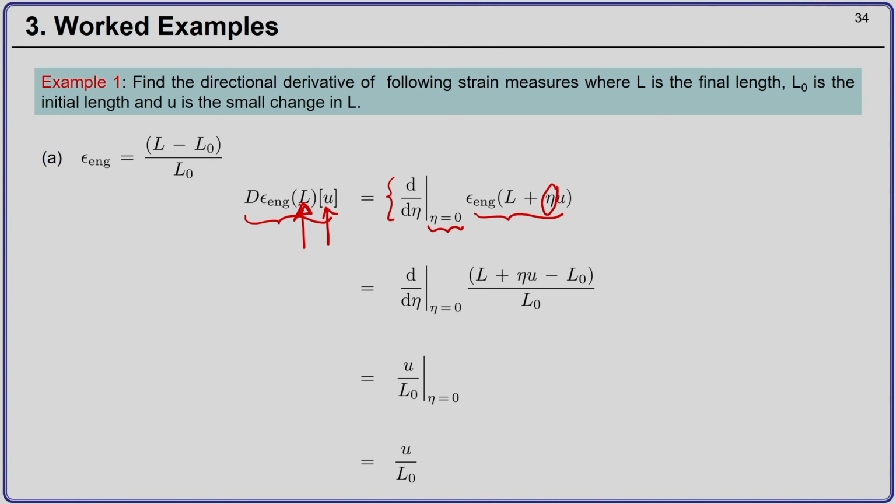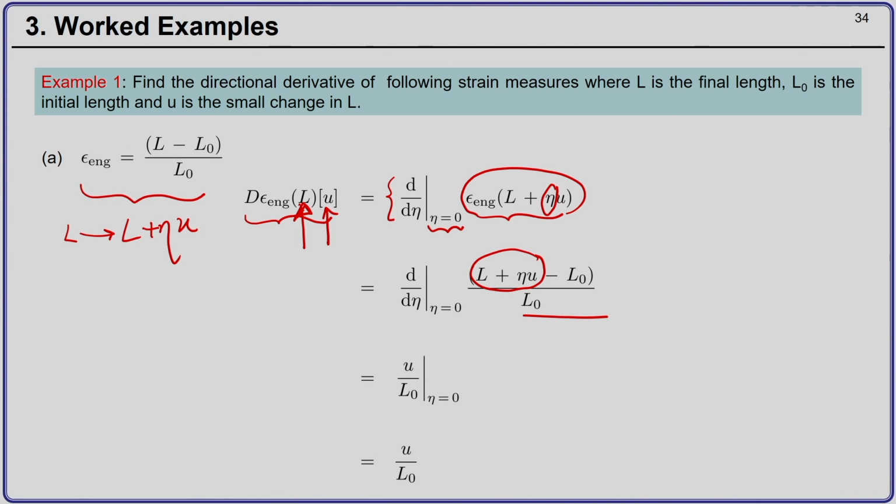In our definition of the engineering strain, we substitute L by L plus eta u. We have to compute engineering strain at L plus eta u, and then the usual definition follows: L plus eta u minus L0 divided by L0.